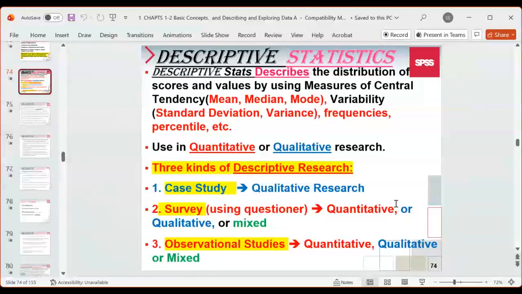There are three kinds of descriptive research: case study, which can be qualitative research; survey using questionnaire, which can be quantitative or qualitative, and mixed; and observational study, which can be either one, quantitative, qualitative, or mixed.